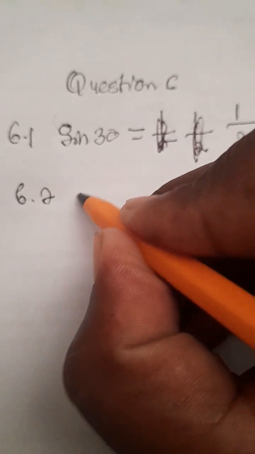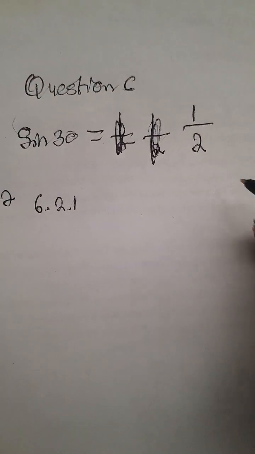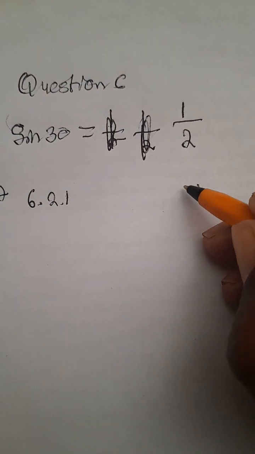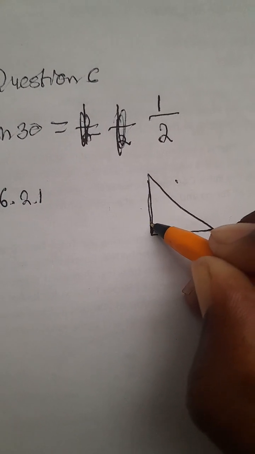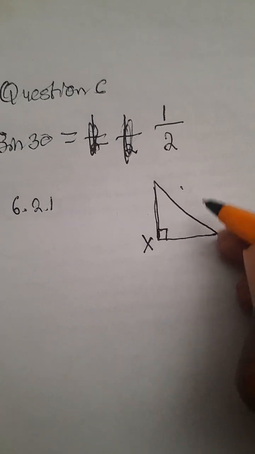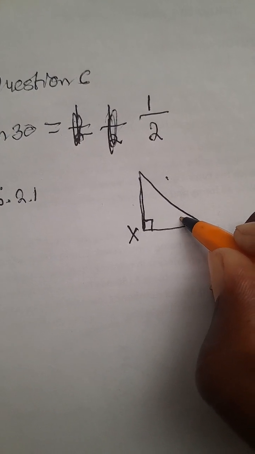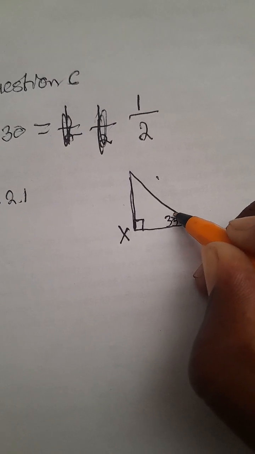At 6.2.1, remember, guys, let me draw a sketch here, because they told us this is a right triangle and X is given as 90 and Y is given as 35 degrees.